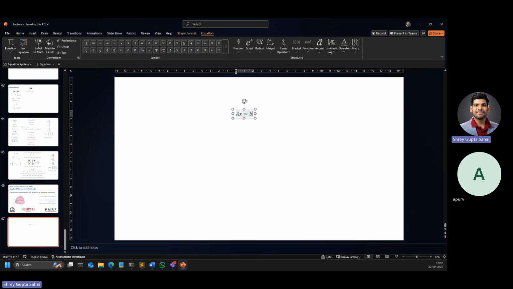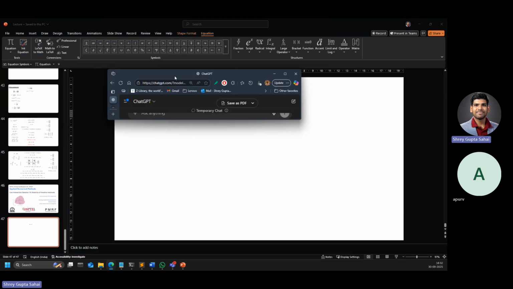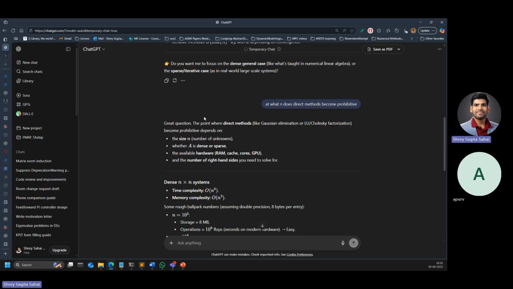I kind of shut it down by saying that at the end of it you're essentially solving AX equals B. But when I went back and read things properly, I realized you actually can't solve AX equals B efficiently, especially when you have a large number of elements in your system, which is the finite volume case. So with a quick ChatGPT search, we could discuss this part of it.